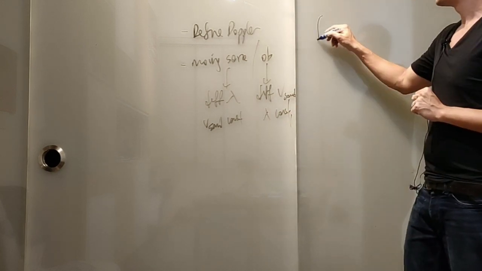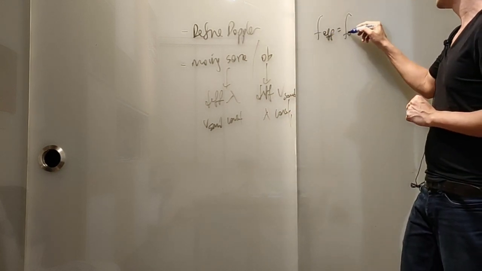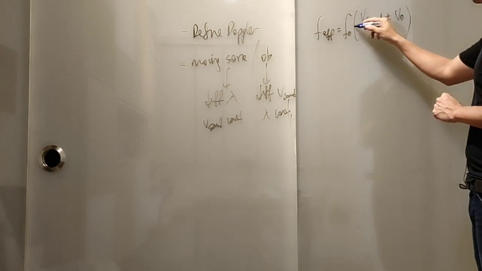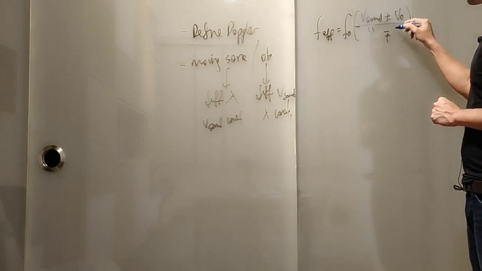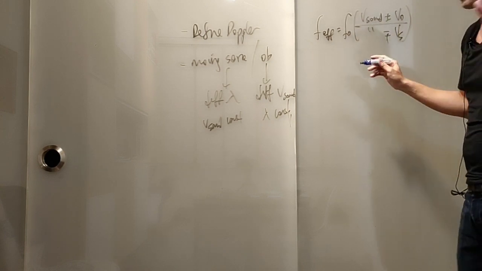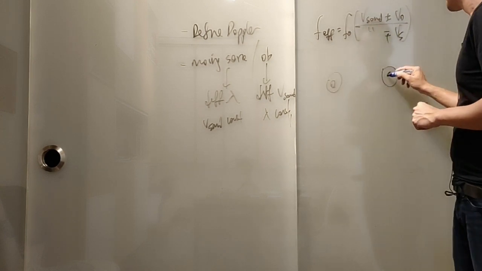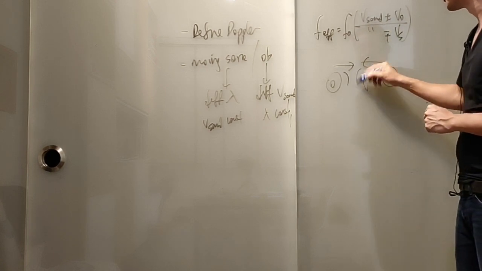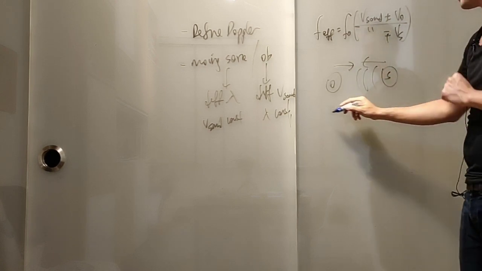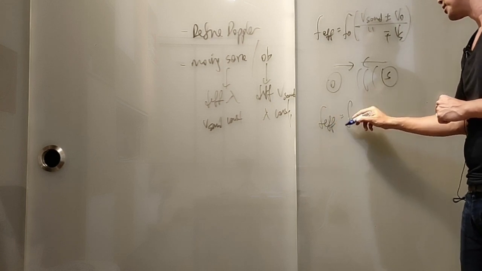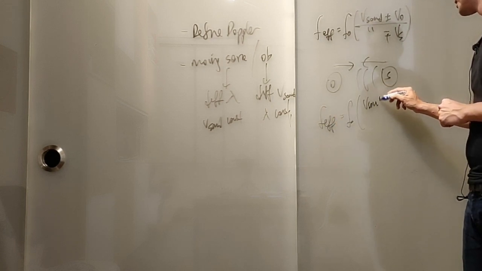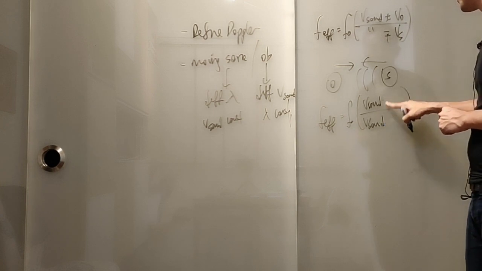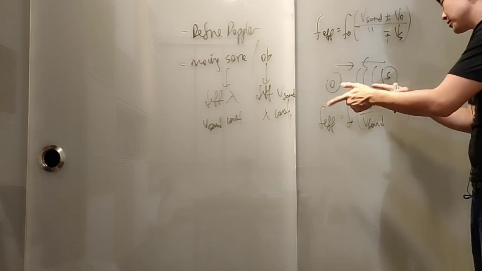The other thing that you need to be careful is, of course, the sign that you use. So this is v of sound plus or minus v of observer, v of sound minus or plus v of source. Just remember, whenever you have the observer and the source moving together, and the source is producing the sound this way, the way that you choose the sign is by looking at the relative motion of the observer and the source.